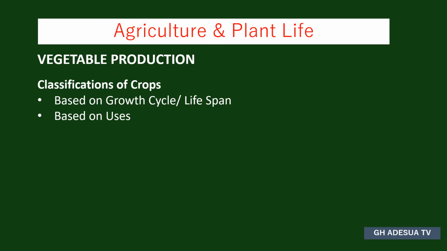What are they used for? Are they oils? Are they legumes? Are they for fruit? Are they for vegetables? Are they for beverages? Whichever. So you can either classify crops based on growth cycle or lifespan, or based on uses.